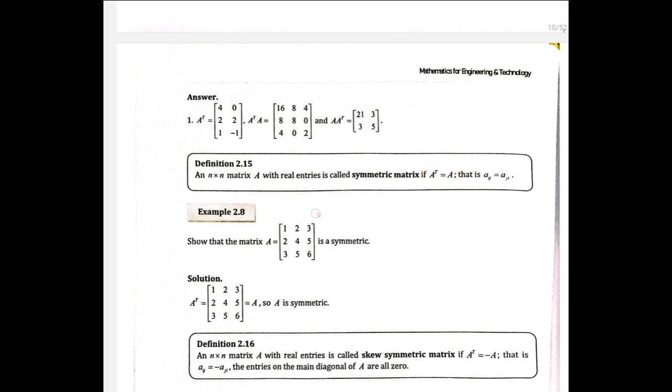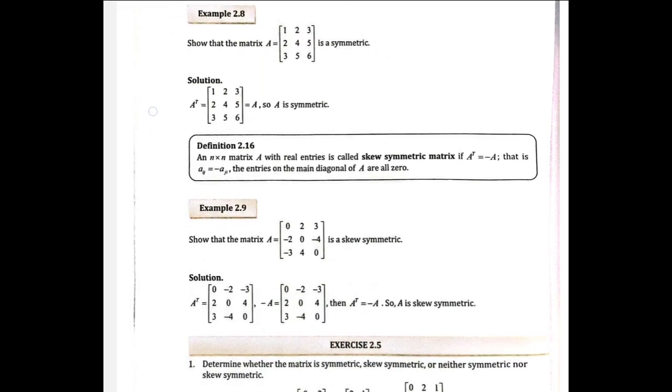So for example, if you transpose this matrix, change the column to become a row and row to become a column, it will still be the same original matrix, which is 1 2 3, 2 4 5, 3 5 6. It will be the same. So if that's the case, this is a symmetric matrix.